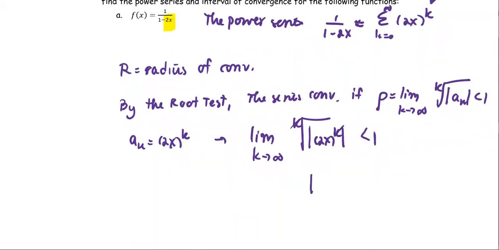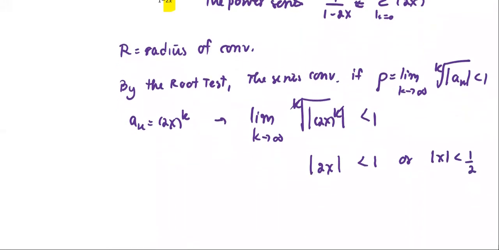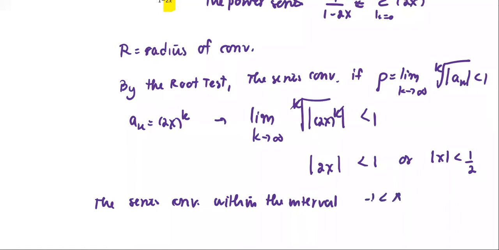So then we have the absolute value of 2x less than 1, or the absolute value of x less than 1 half. Then the series converges within the interval x greater than negative 1 half, less than 1 half.